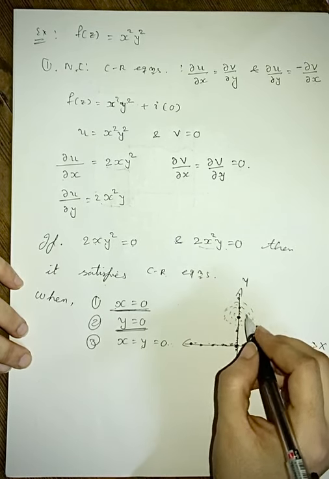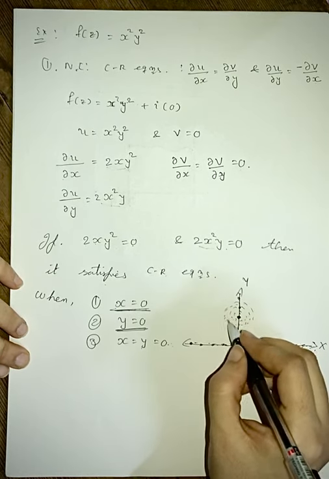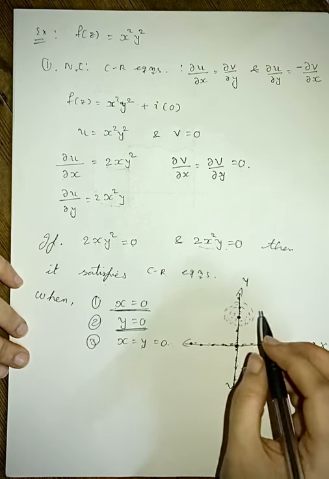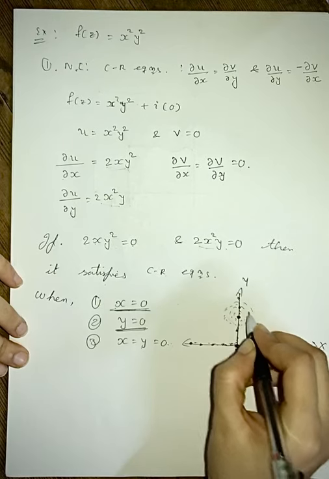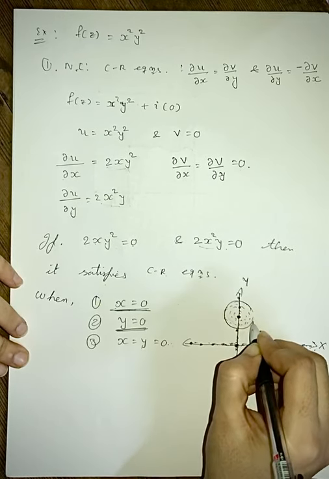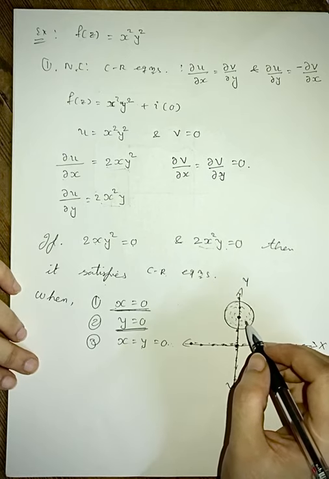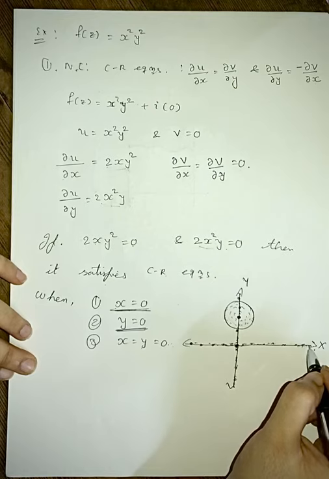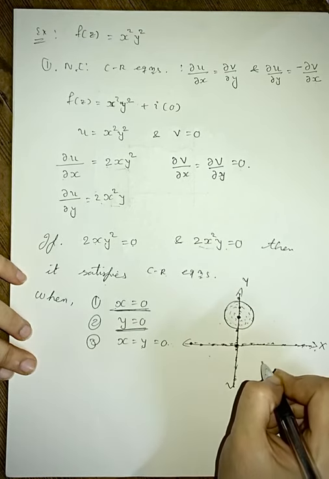It should follow the CR relations at all the points in the neighborhood, and hence it will be analytic at all the points around there. So you see here that if I choose this point and I check in its neighborhood, we already know that CR relations hold true only at the coordinate axis and at no other points in any of these 4 quadrants.